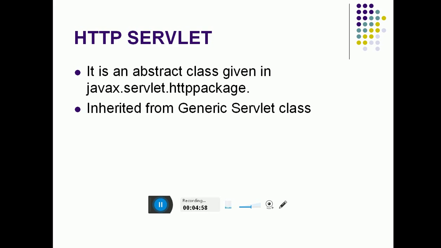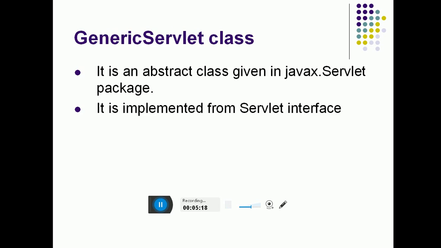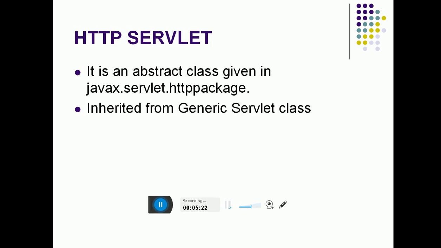The next one, HttpServlet. HttpServlet is an abstract class given in the javax.servlet.http package. The http package, as I already said before, is a protocol dependent package. It only accepts the HTTP protocol. This HttpServlet is inherited from the GenericServlet class. What is the difference between the GenericServlet class and the HttpServlet class?